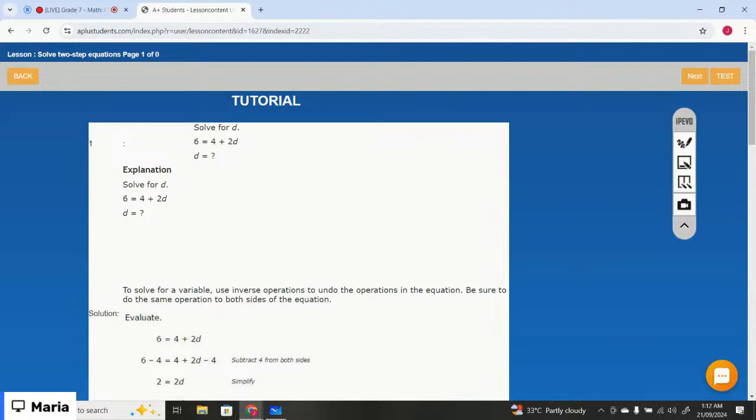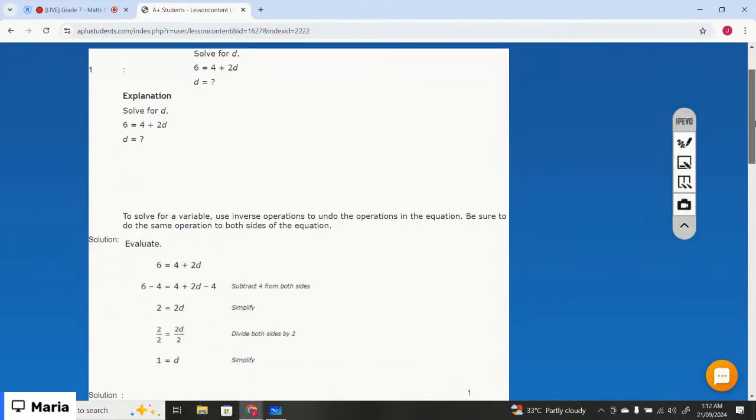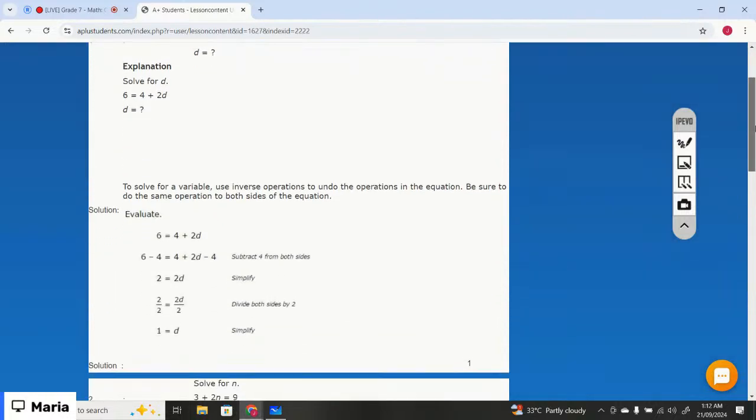So when you subtract from both sides, you are left with 2d equals 2. Just divide both sides by 2 and you are left with d equals 1, right?